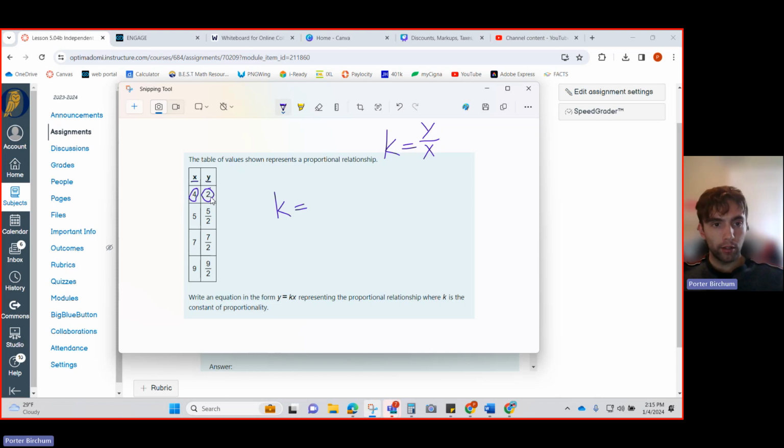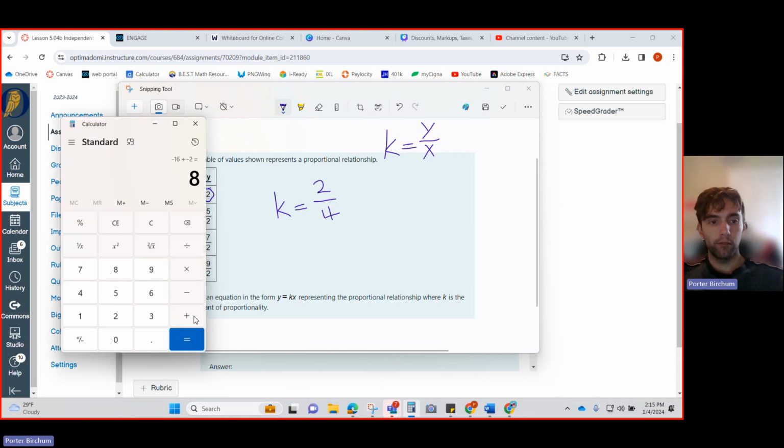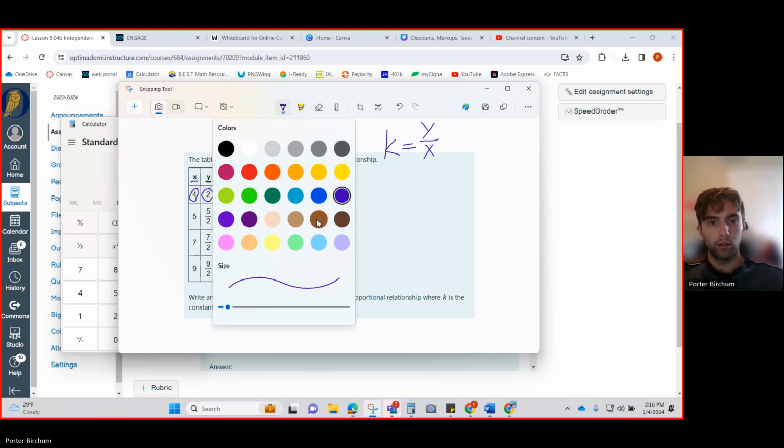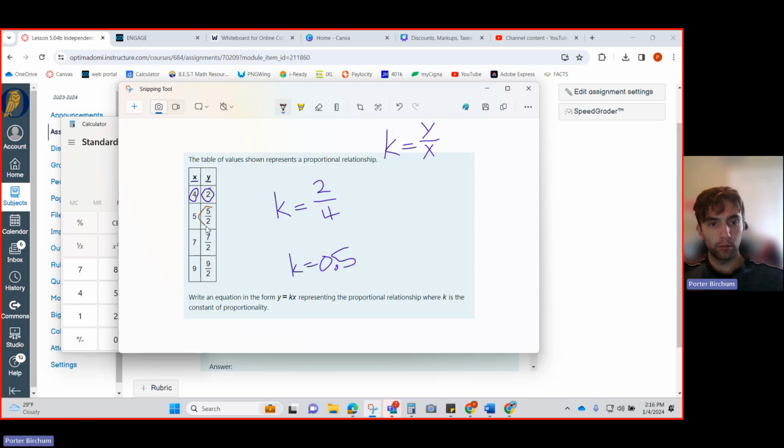What is our y value for this first relationship? It is 2. What is the x value? It is 4. What is 2 divided by 4? Handy dandy calculator. 0.5. So k is 0.5.